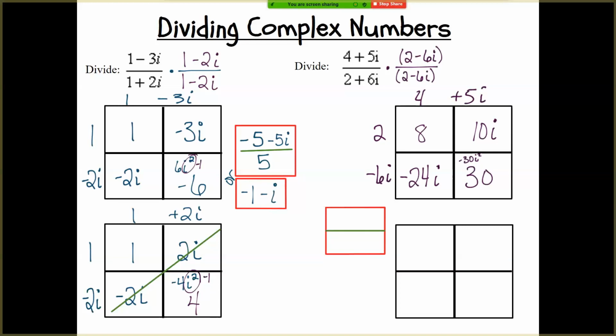So for this numerator, I'm getting 38 minus 14i. Then I'm going to work through my denominator, 2 plus 6i and 2 minus 6i.